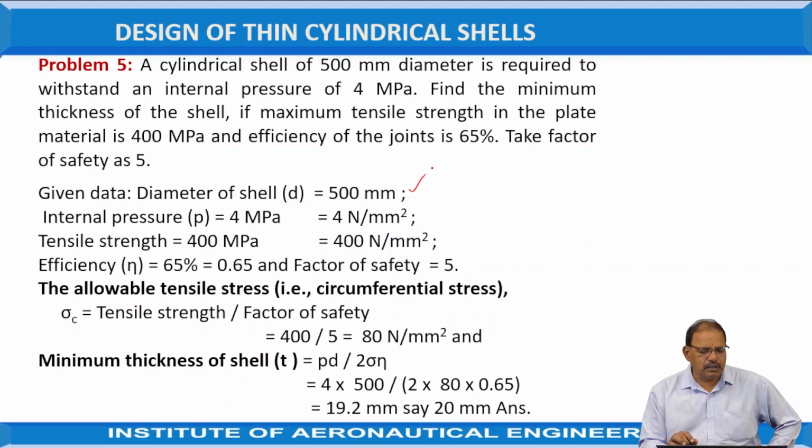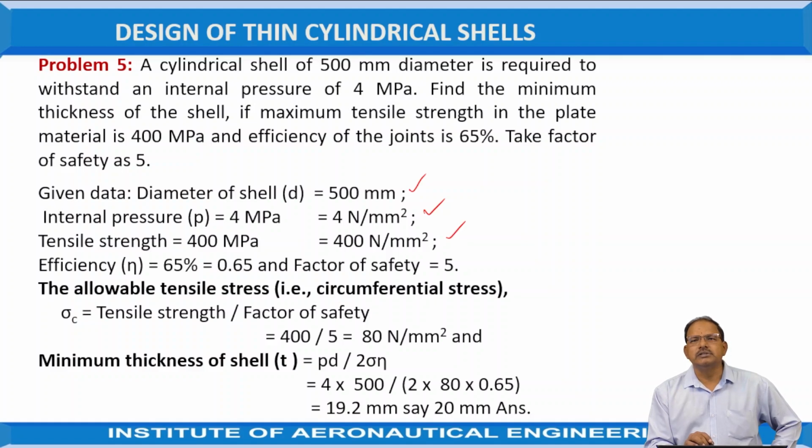Here the diameter of the shell is given as 500 mm. The internal pressure is given as 4 megapascal, which means 4 Newton per mm square. Tensile strength is 400 megapascal, 400 Newton per mm square now.